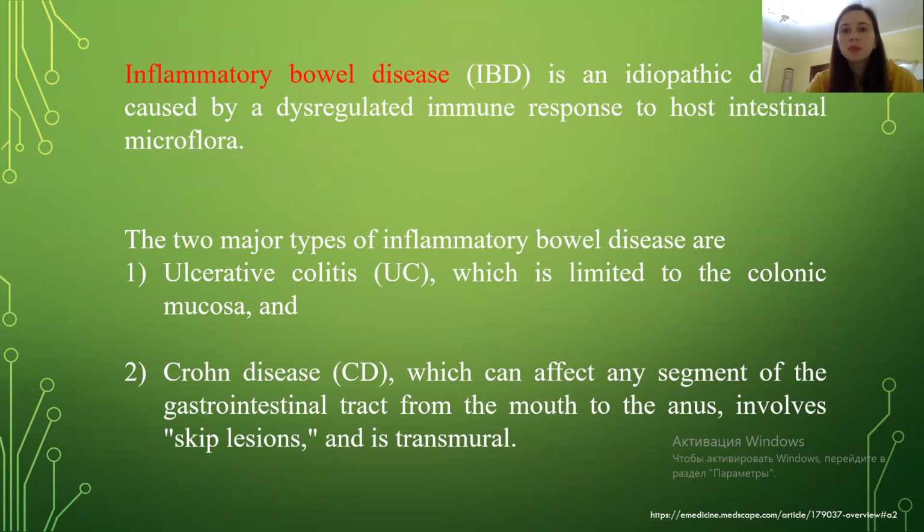The two major types of inflammatory bowel disease are ulcerative colitis, UC, which is limited to the colonic mucosa, and Crohn disease, CD, which can affect any segment of the gastrointestinal tract from the mouth to the anus, involves skip lesions, and is transmural.